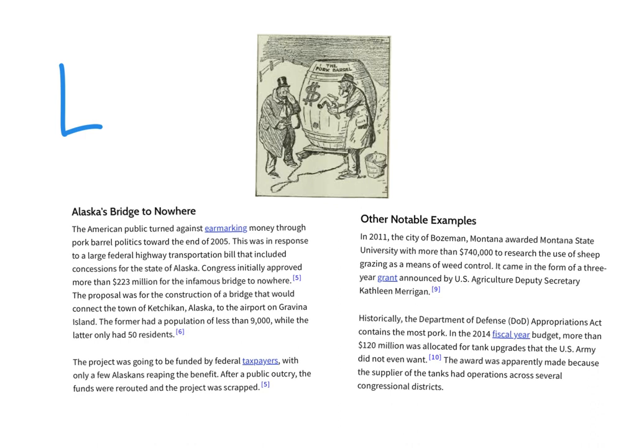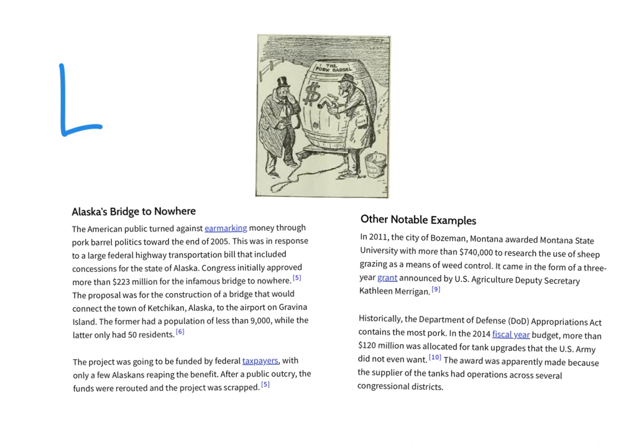And you can see there that the Department of Defense, it says there, contains the most pork. So in 2014, $120 million was allocated for tank upgrades for the US Army that the US Army did not want. And that is because the supplier of the tanks had operations across several congressional districts.